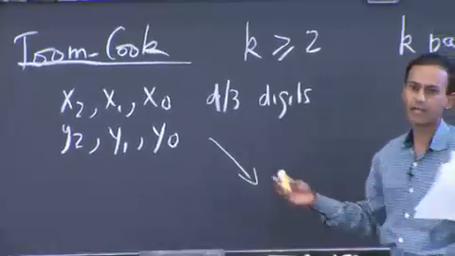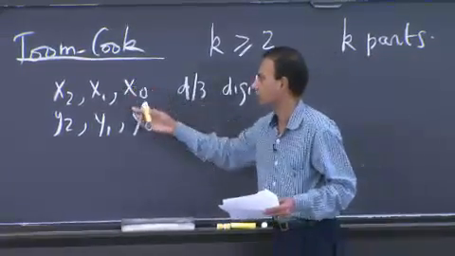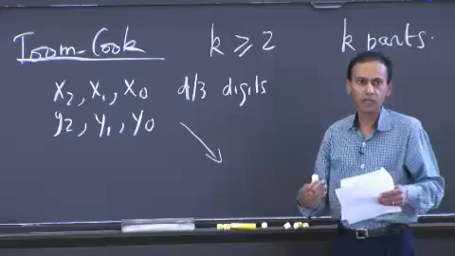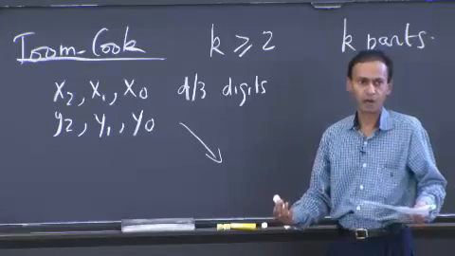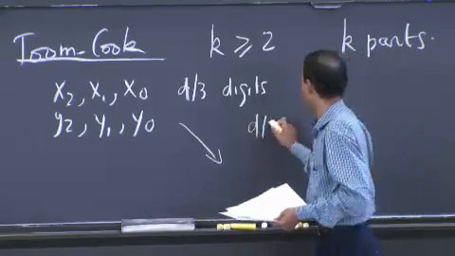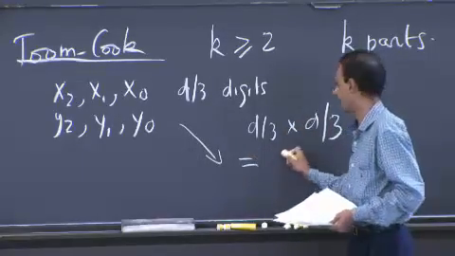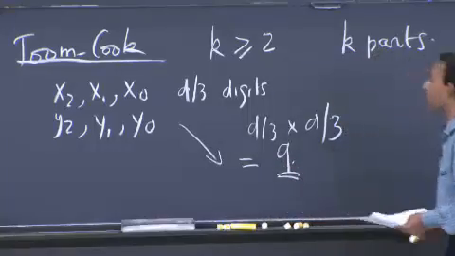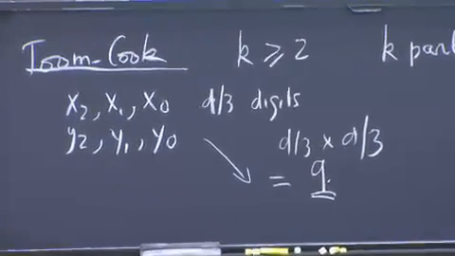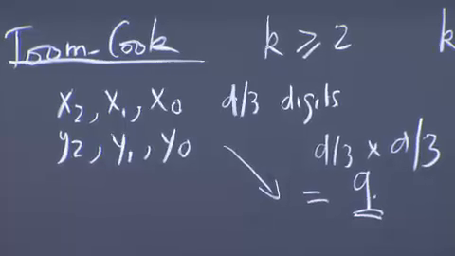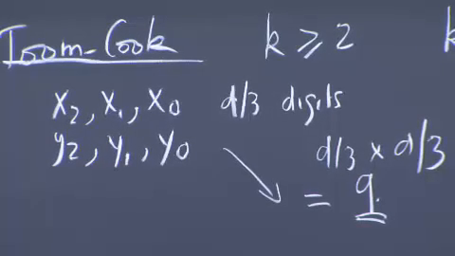If I just forget about any mathematical tricks, and just try to multiply these things out, how many d by 3 by d by 3 multiplications do I need? 9. So if you can beat 9 using mathematical tricks, you have a better divide and conquer algorithm.